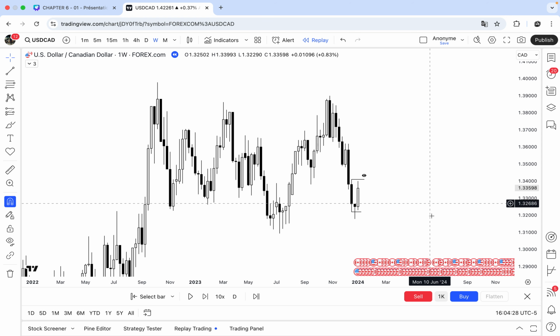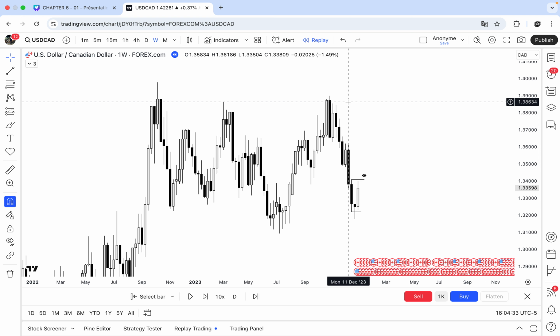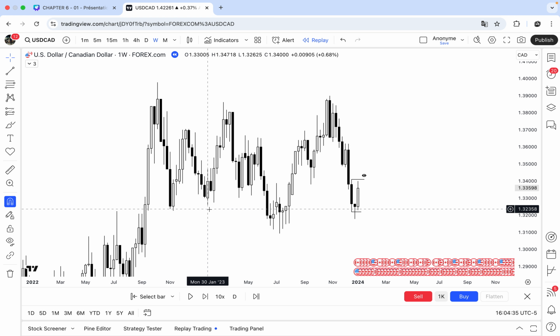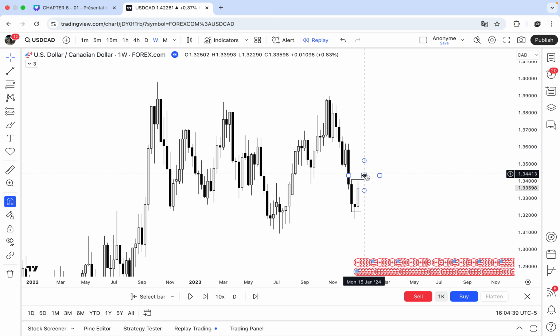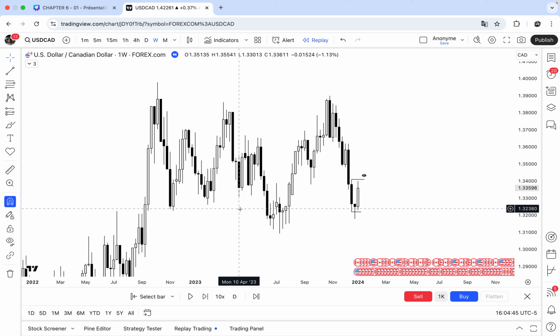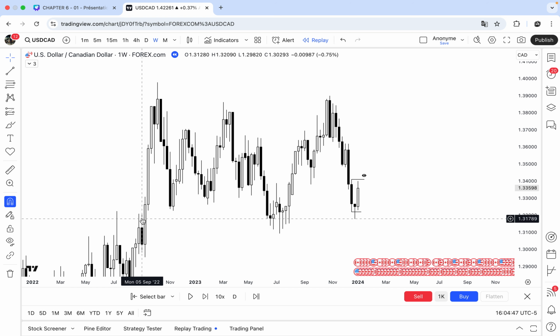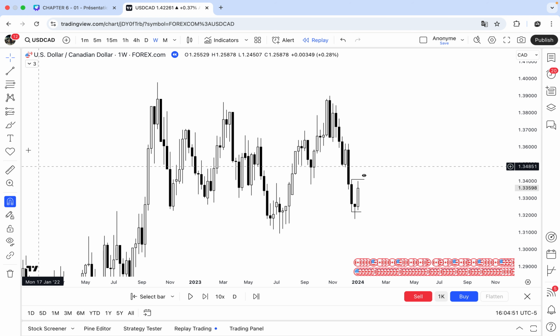So maybe price will continue to do this for several weeks. So this might get respected. And also, this is a key level right there, which is acting as a strong support right now.